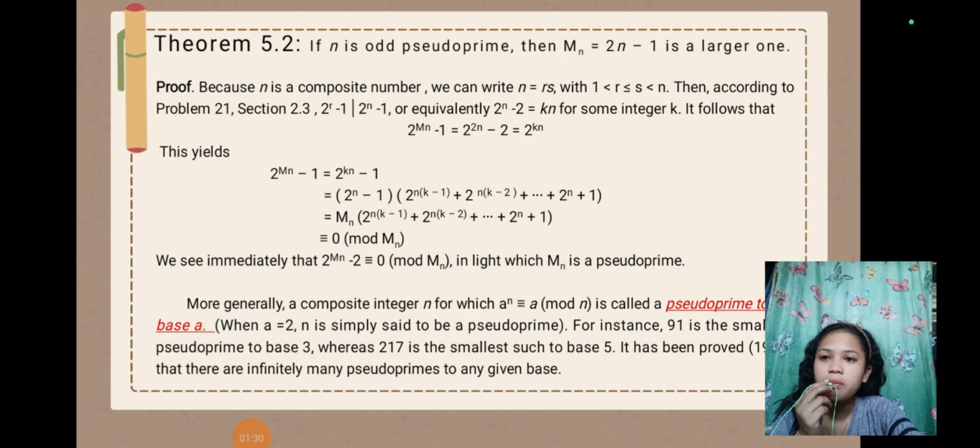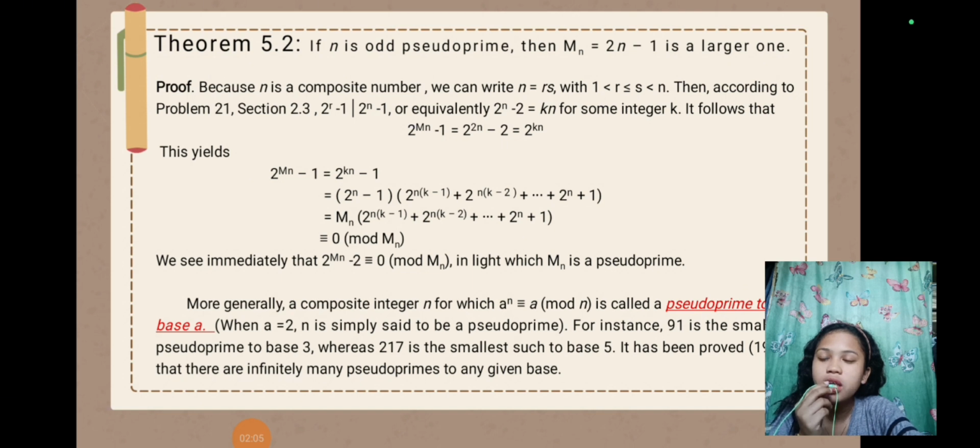This equals 2^(n-1) times (2^(n(k-1)) + 2^(n(k-2)) + and so on + 2^n + 1) equals M_n times (2^(n(k-1)) + 2^(n(k-2)) + and so on + 2^n + 1).